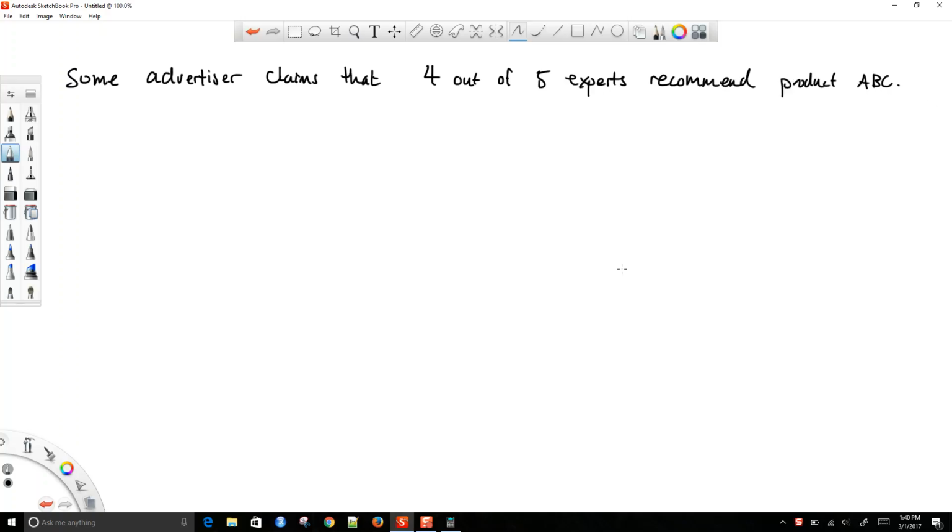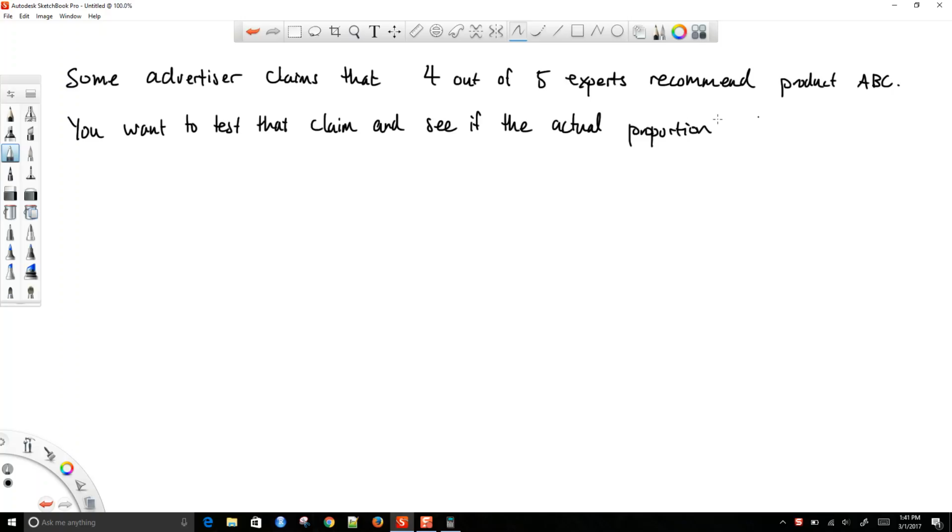Okay, and you're like some consumer watchdog group, right? So you want to test that claim and see if the actual proportion is lower than what the advertisers claim.